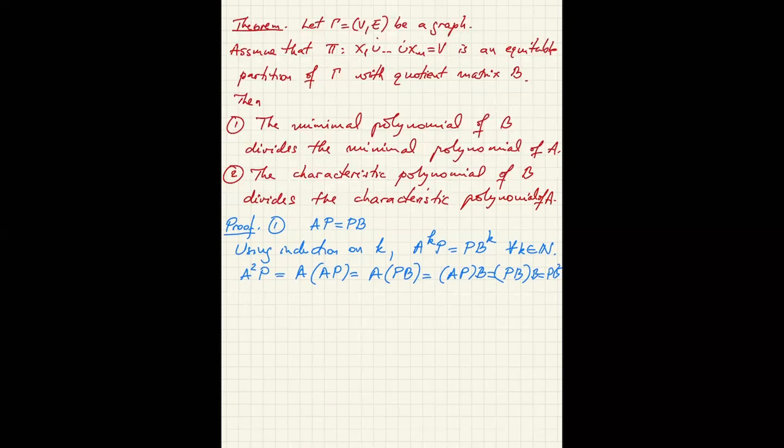Okay, and so you can prove this fact, and using this fact, it follows that actually FA times P equals P times FB for any polynomial F. Because if the relation in the red rectangle is satisfied for any powers of the matrices A and B, then a polynomial is just a linear combination of such powers.